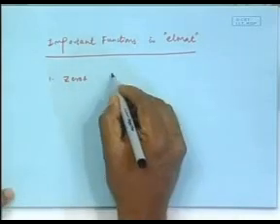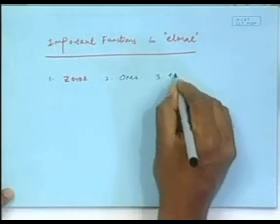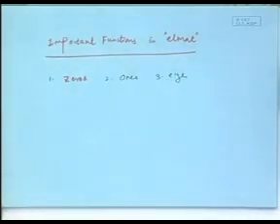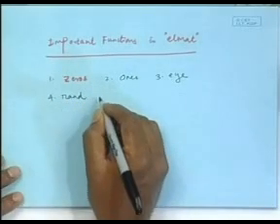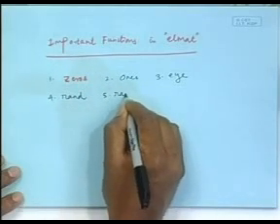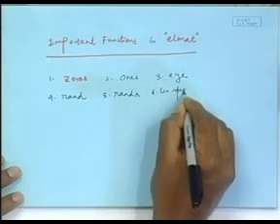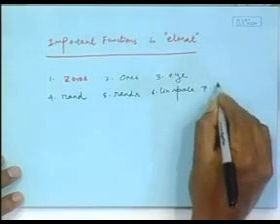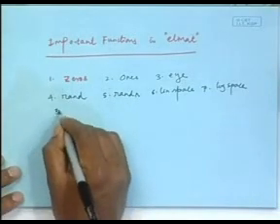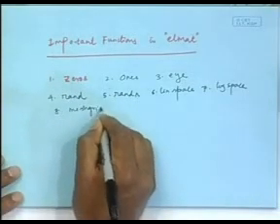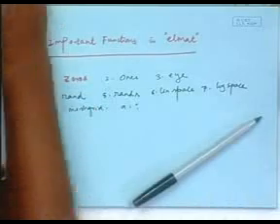Then ones, then eye, which gives you the identity matrix, then rand, then randn, then linspace, then logspace, then meshgrid, and then column. Let me discuss these functions right now, which are important.